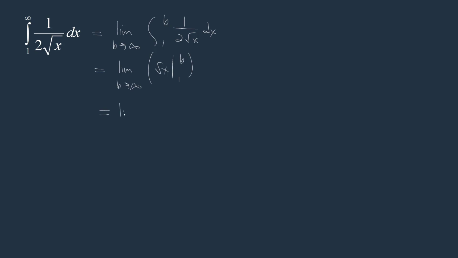So that's equal to the limit as b were to increase without bound of the square root of b minus 1. That limit does exist, it's just infinite. So while the limit exists, it's not finite. So we say that the definite integral from 1 to infinity of 1 over 2 times the square root of x dx diverges.